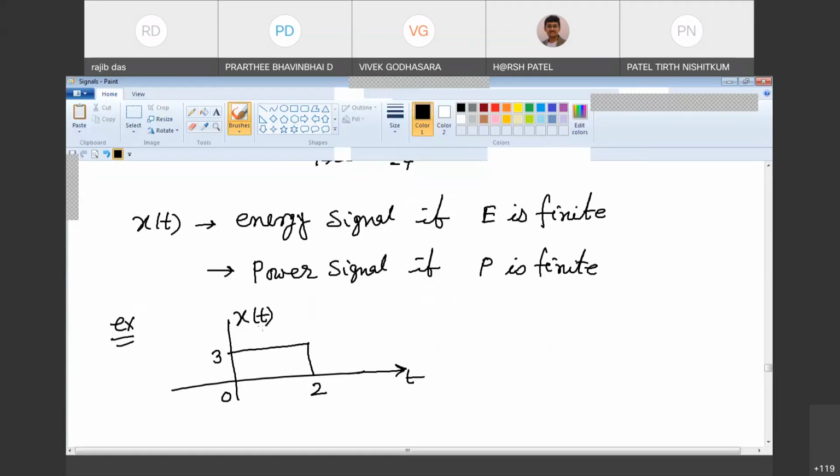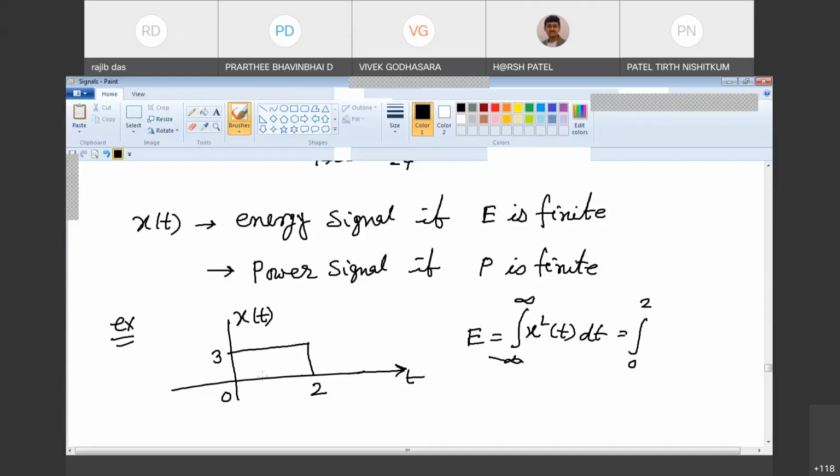Can you find its energy? What is the energy value? Energy is given by the integral of x squared t dt for the entire range, minus infinity to infinity. And you see, the signal is confined within 0 to 2 only. So the limit I can reduce to 0 to 2. That's all.